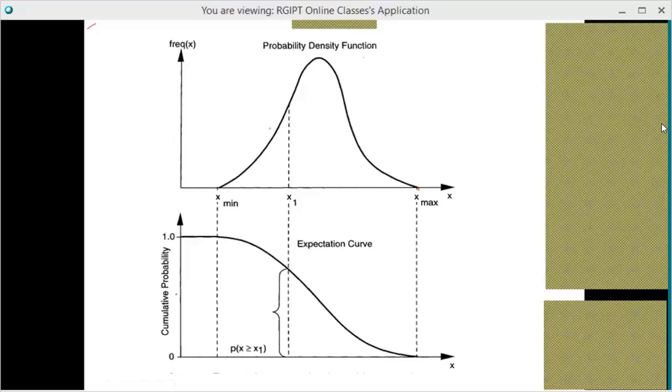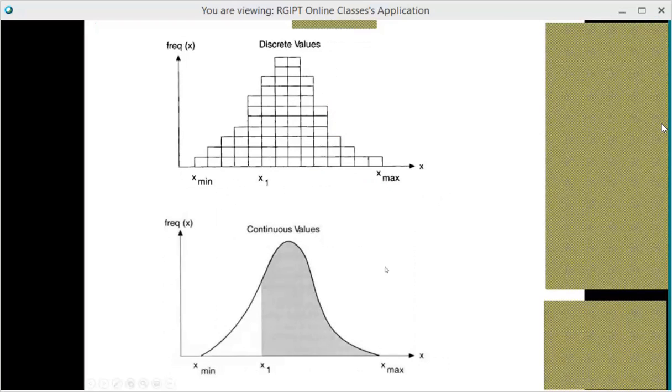So in this case, what we are considering is this value. I think I had shown this in the previous graph, this one. Okay, so that is what we mean.